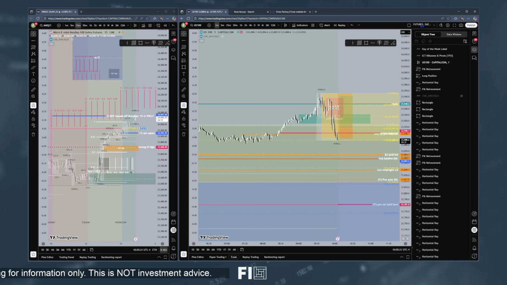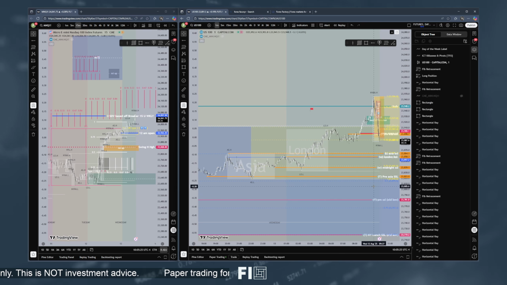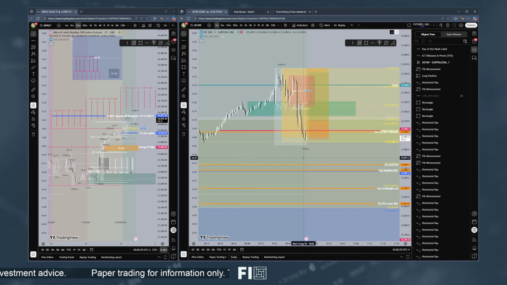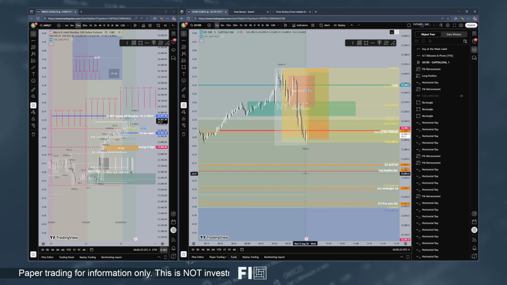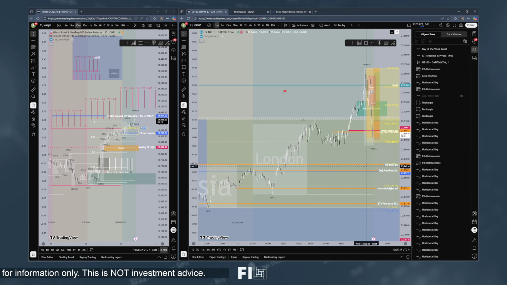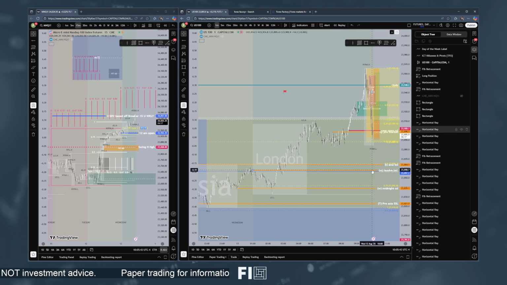If we're going to start heading down lower, we have the Tuesday PM sell side liquidity from yesterday. So we could even see these levels be referred to and act as support, not resistance, kind of refer back to and act as a reclaimed premium array, old high.